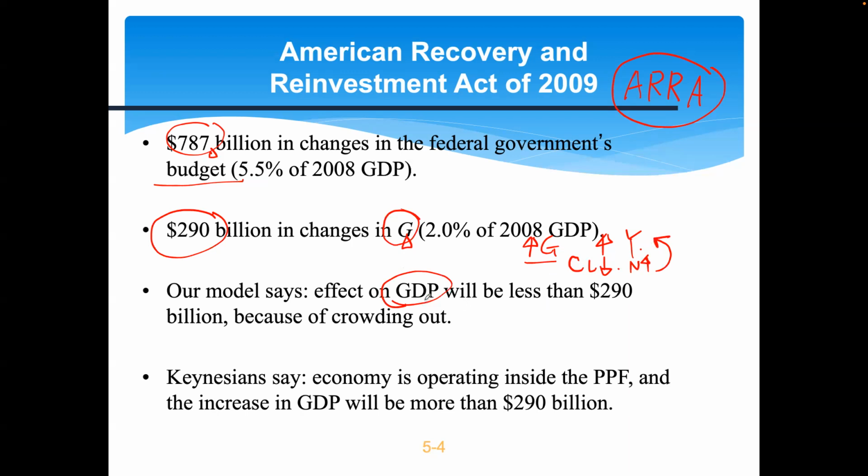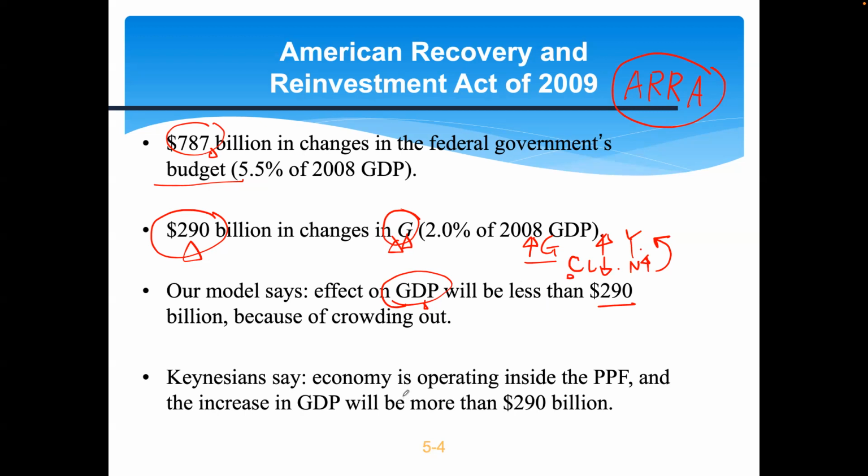But our model suggests the effect on GDP will be less than this amount. Why? Because there's crowding out. You're going to crowd out private consumption.